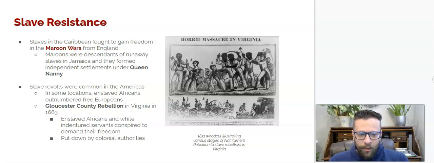But that didn't stop this larger trend of enslaved people's rebellion that carried on through the 17th, 18th, and into the 19th century. The illustration here of Nat Turner's slave rebellion in Virginia in 1831 is another example. And so we see oftentimes large resistance movements from enslaved peoples across the Americas as well.